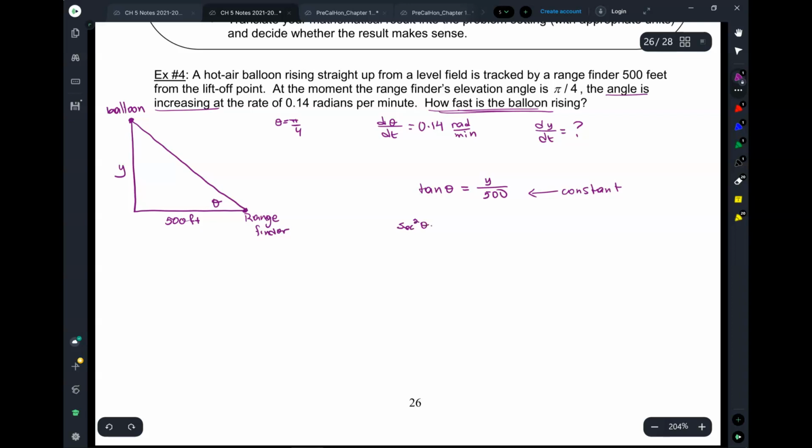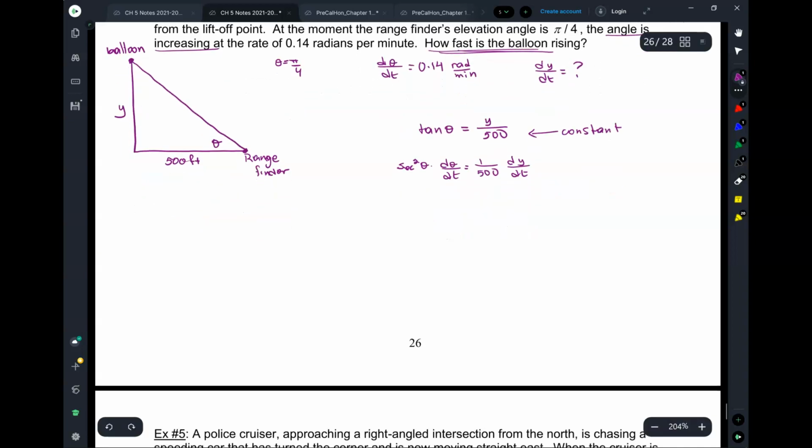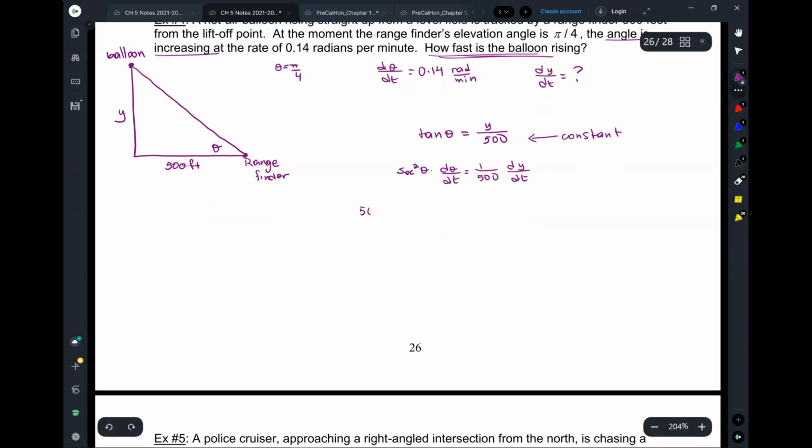Secant squared theta d theta dt is equal to 1 over 500 dy dt. What am I solving for? Dy dt. So let's move 500 over to this side. 500 secant squared theta d theta dt is dy dt.